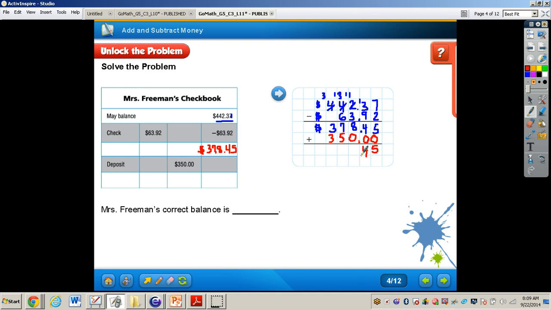Remember to drop that decimal point down. 8 and 0 is 8. 7 plus 5 is 12. Carry the 1. 1 plus 3 is 4. Plus 3 is 7. So we have $728.45. Okay, so you can see we just added this 350.